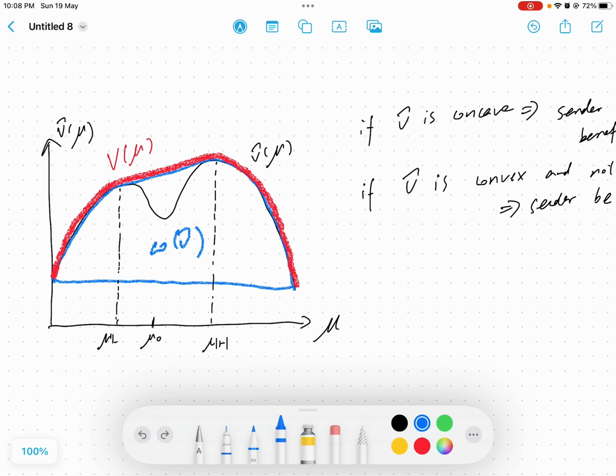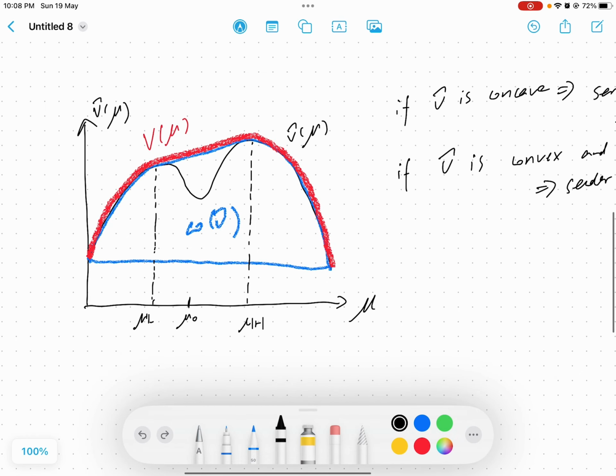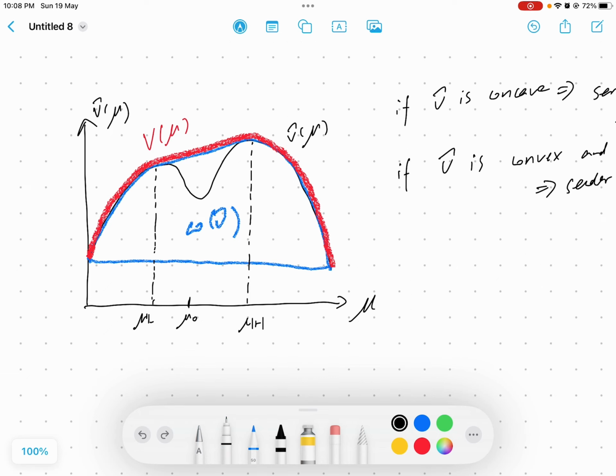So we can use the results that we obtained previously. Suppose we assume that this point is the prior and we have this point as the v hat of mu naught, right? That's the initial expected utility for the sender.